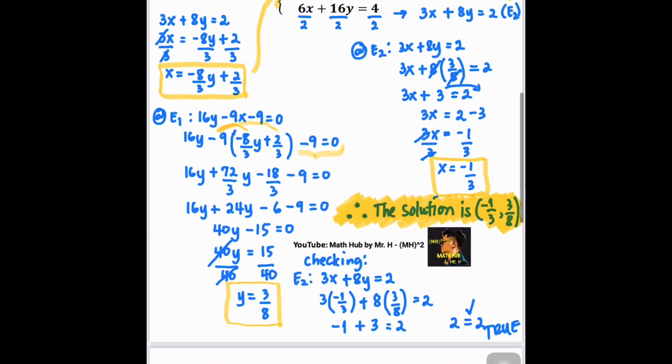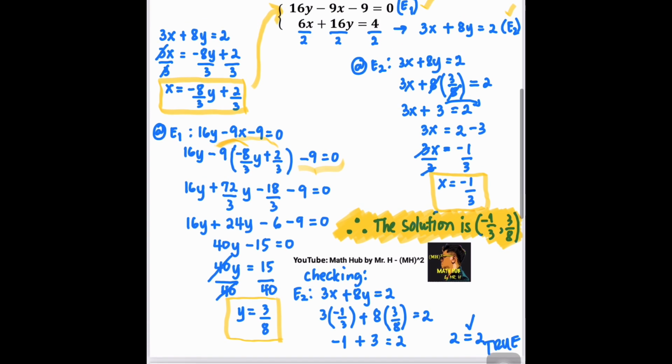So those values that we got actually make up the point of intersection. Because another method of solving is by graphical method and interpreting the answer that we got. So we got the value of x, which is negative 1 over 3, and the value of y is 3 over 8.